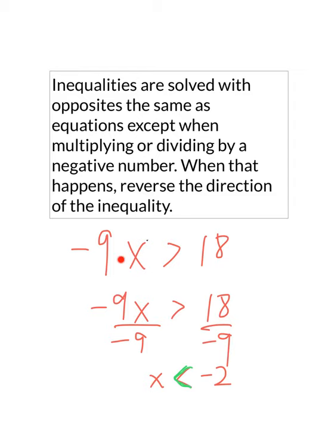The opposite of multiplying by negative 9 is to divide both sides by negative 9. Negative 9 divided by negative 9 is just 1. 1 times x is x. 18 divided by negative 9 is negative 2. But notice the inequality was greater than before dividing both sides by negative 9. It changes to less than.